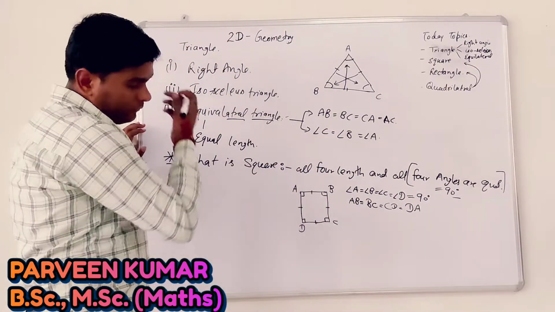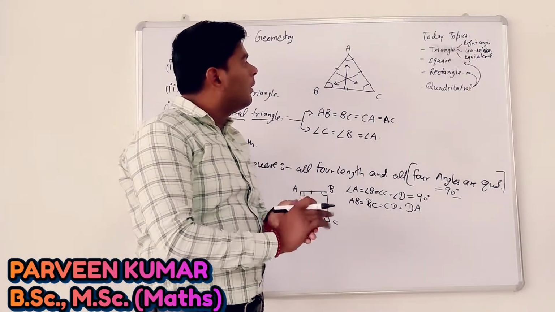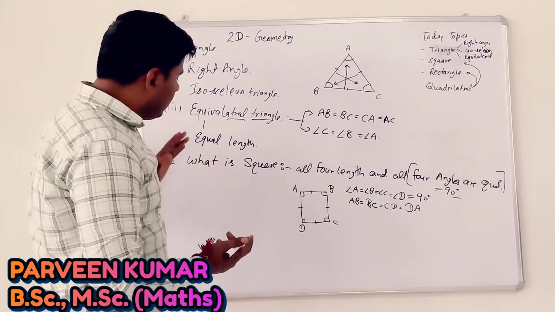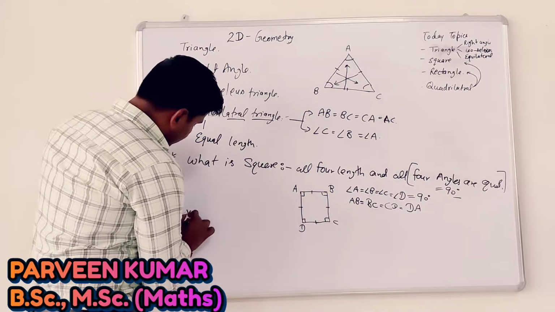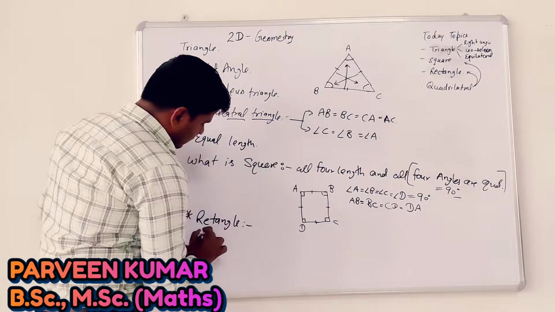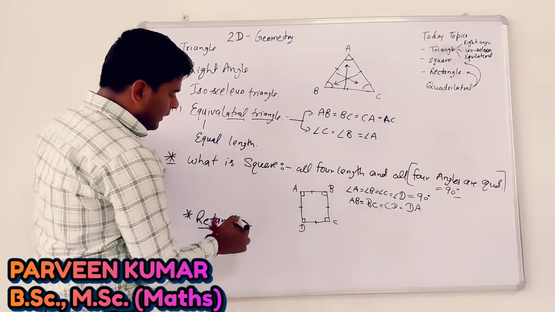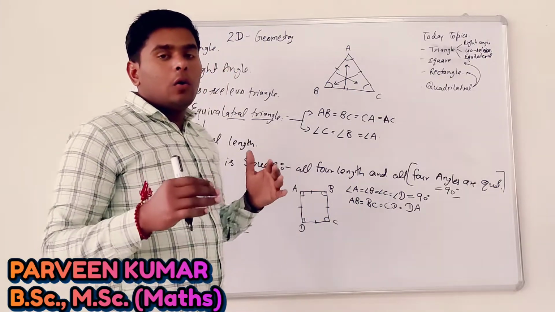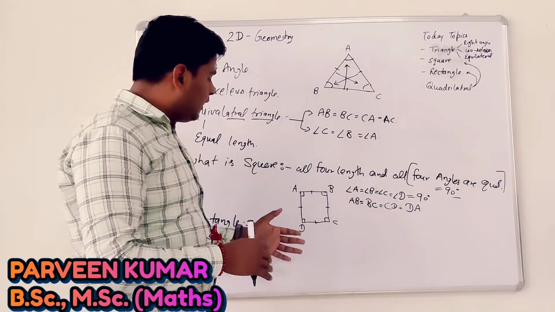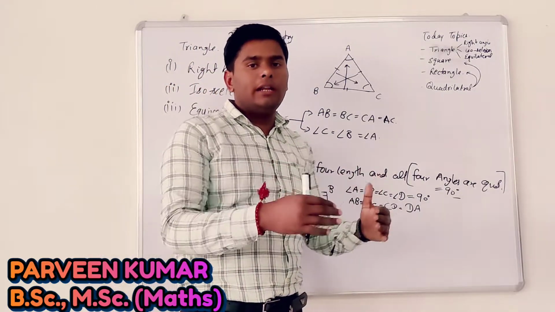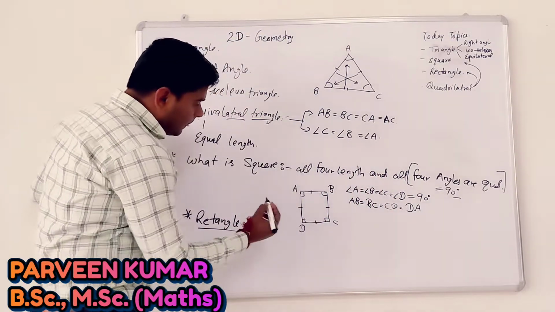Now the further topic which we have to discuss is the rectangle. A rectangle has opposite sides equal, and it also has four angles and four sides.